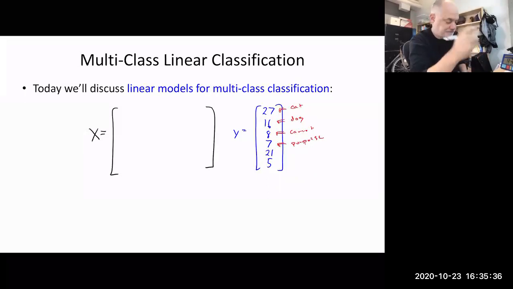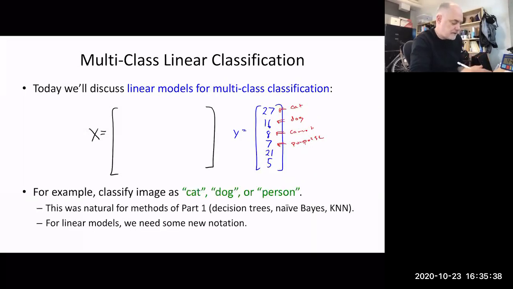Whatever, we've got lots of classes. So we can classify an image as a cat or a dog or a person. This is easy to do with decision trees or naive Bayes or k-nearest neighbors. It's straightforward. If your feature vector lands in the zoo of labeled feature vectors and your k-nearest neighbors are all dogs, you're probably a dog, or this image is probably a dog.